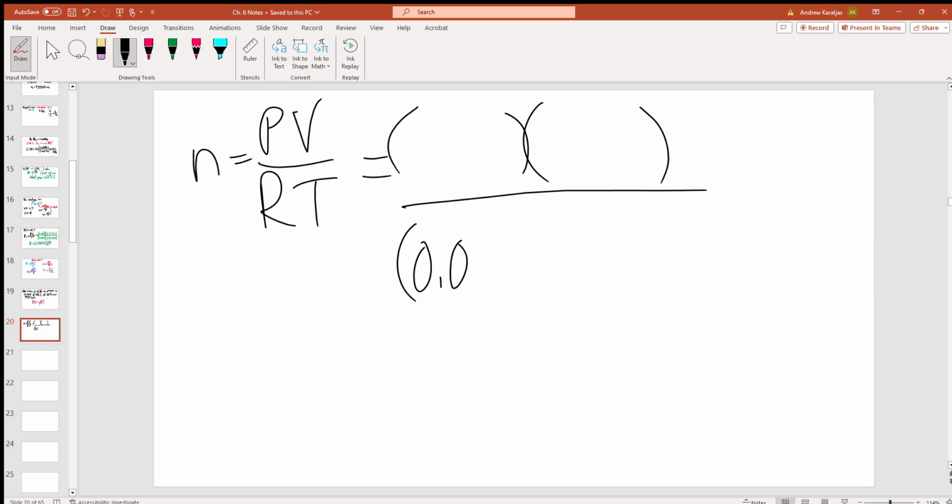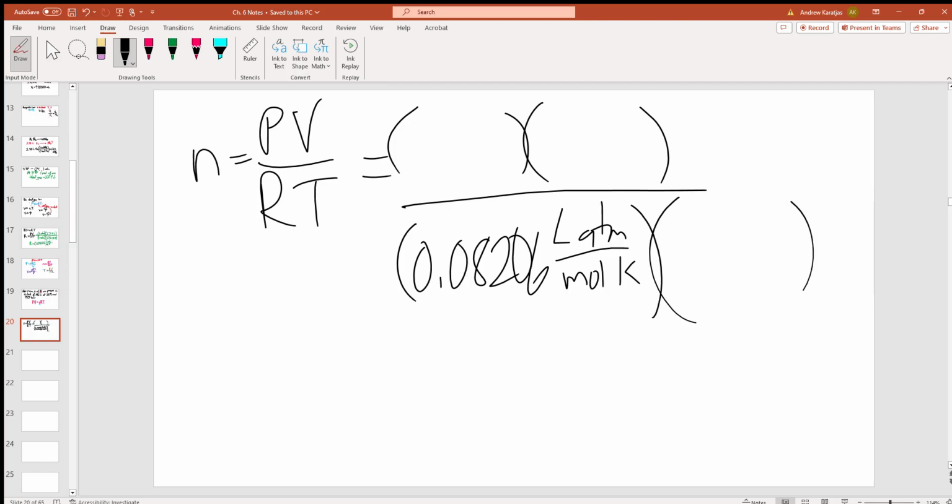So our gas constant R, we can just go ahead and plug that in. The volume we can also plug in directly because that was given to us in liters, so 14.6 liters. The other two units, though, we're going to have to do a conversion.